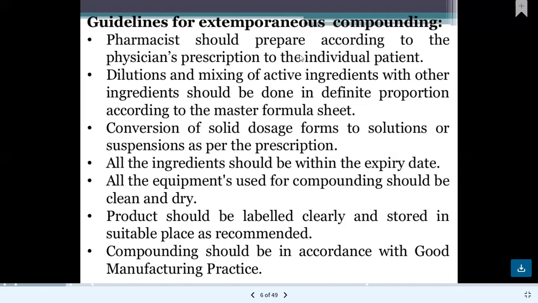Conversion of solid dosage form to solution or suspension as per the prescription. All the ingredients should be within the expiry date. All the equipment used for compounding should be clean and dry. Products should be labeled clearly and stored in suitable place as recommended. Compounding should be in accordance with good manufacturing practice.